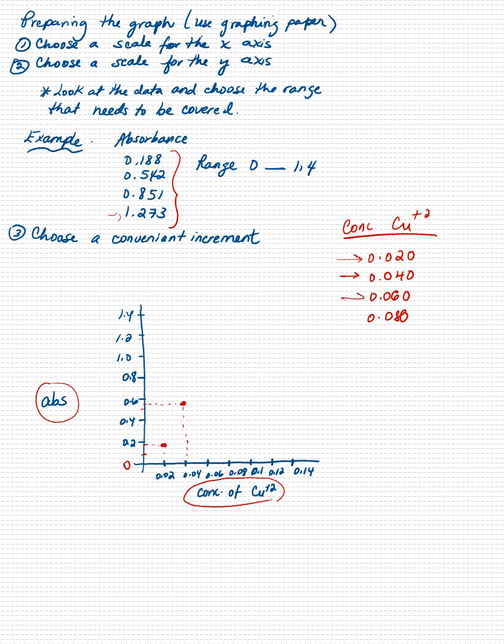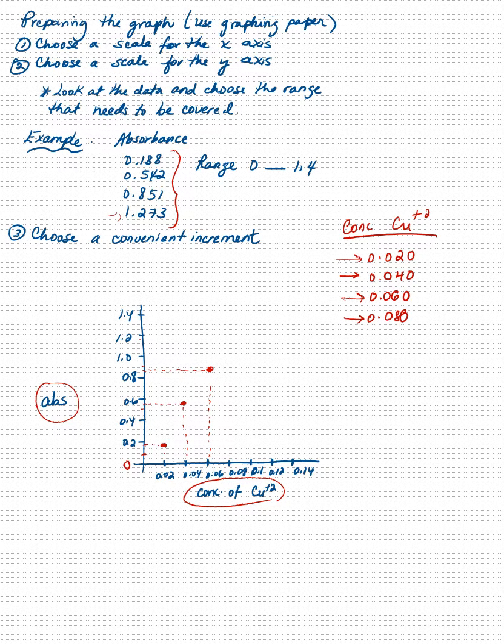And now we can do the third one, 0.06, which is this one here. And that one goes with 0.851. 0.8, 0.9, 0.85, somewhere in there.